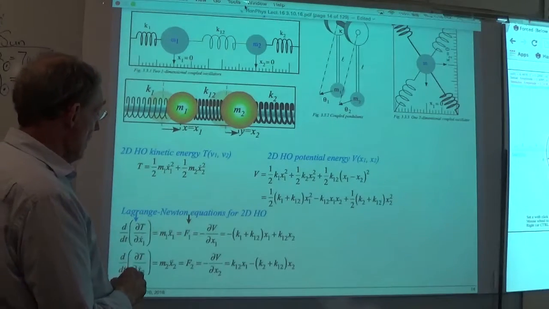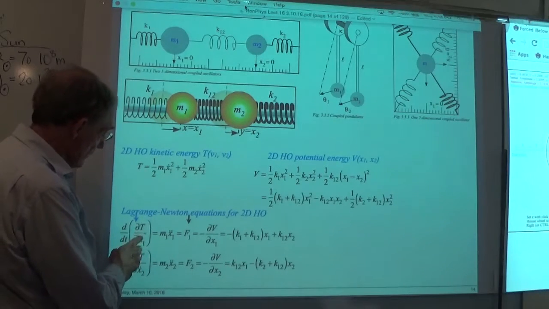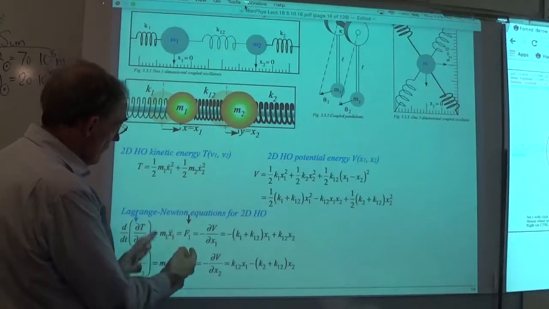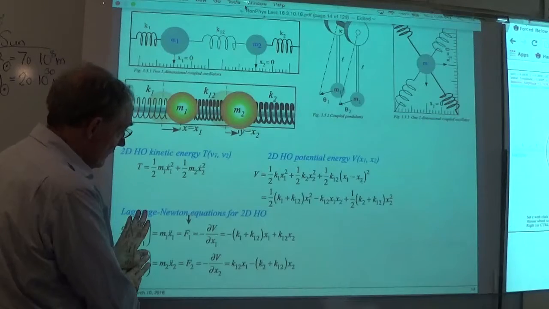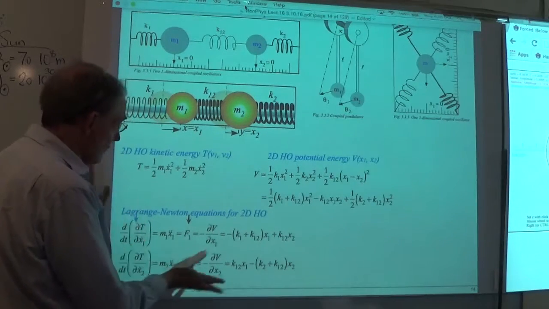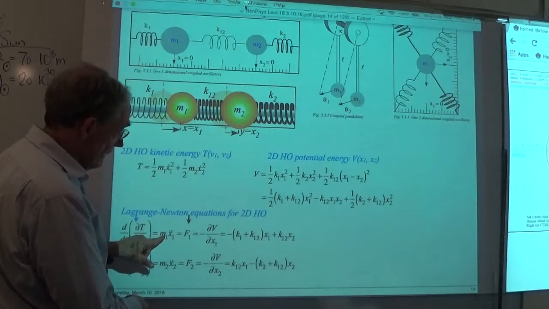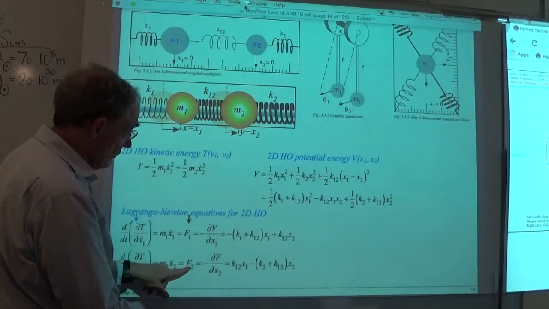So that time derivative of that thing gives me the acceleration times mass. So I just threw this in because later on we'll talk about Lagrange equations, but right here Lagrange and Newton equations are the same. F equals ma for number 1, F2 equals ma for number 2.